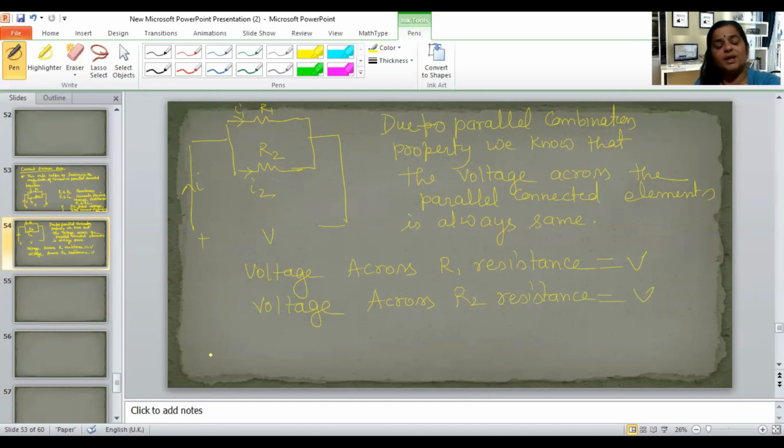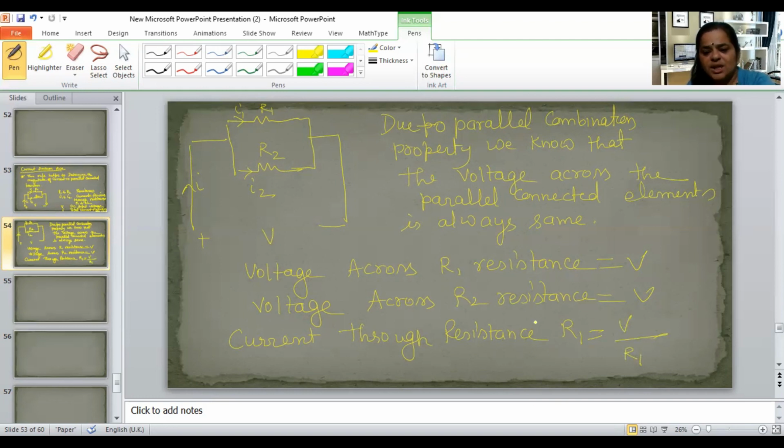As we know, the current in any branch of the circuit is equal to the voltage across that branch divided by the resistance. So the current through resistance R1 will be equal to the voltage across R1. What is the voltage across R1? That is V. And what is the resistance? That is R1.